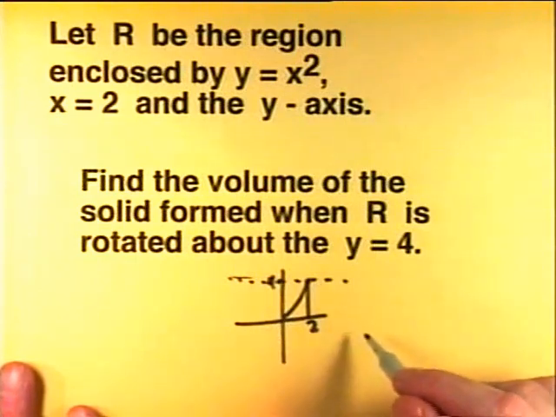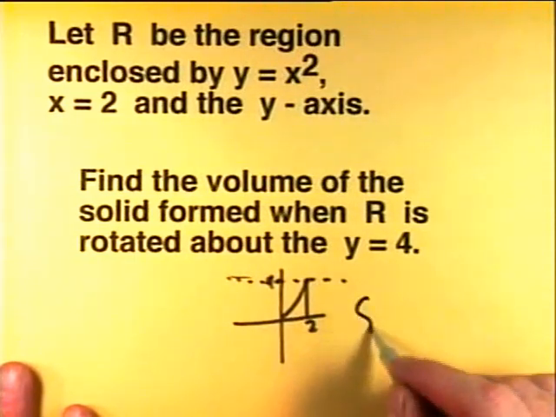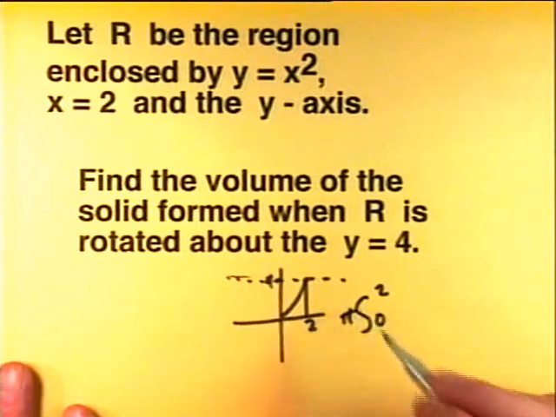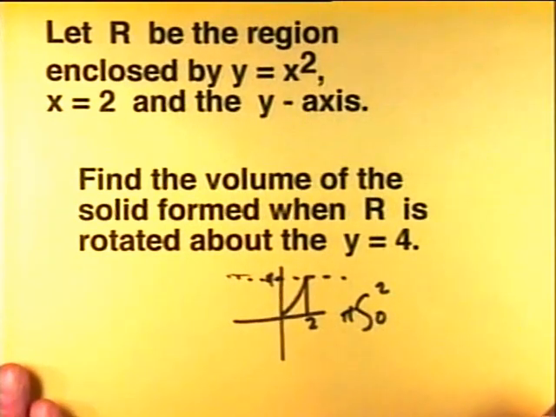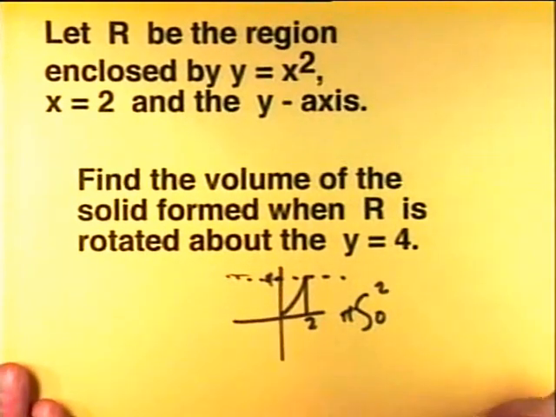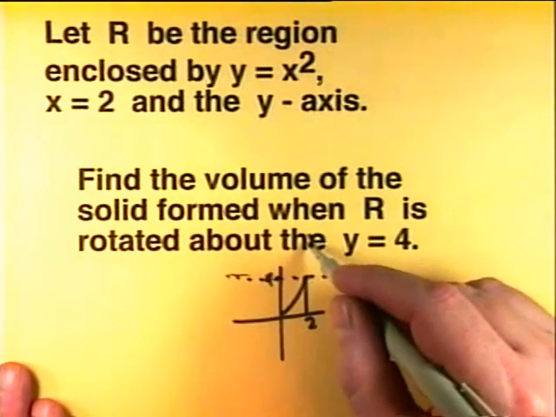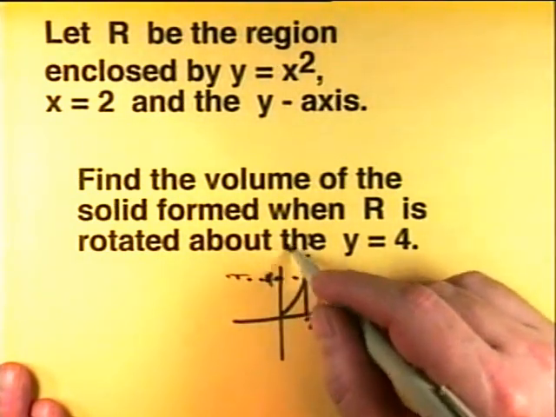Okay, anyways. So we're going to integrate from 0 to 2. Put pi out front. And then, it's going to be a washer because we're rotating around the x-axis. Big R squared minus little r squared.